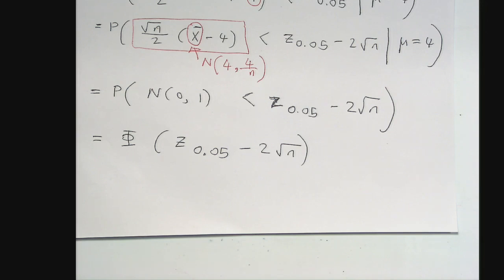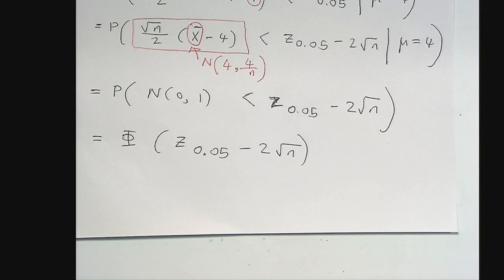Yeah, this is the same as this one. X bar minus mu divided by this is what you have here. Which step don't you follow? You mean this is the same, right? Yeah.